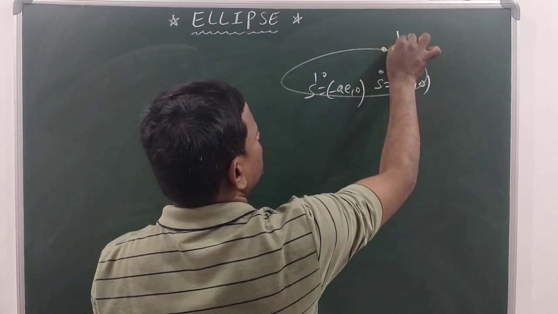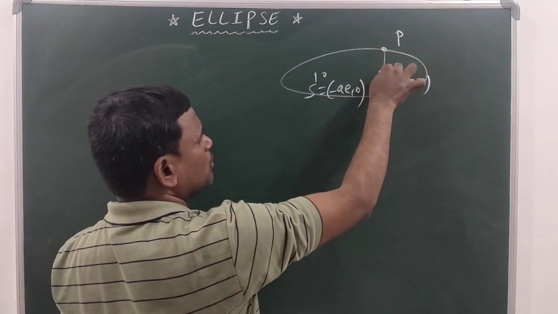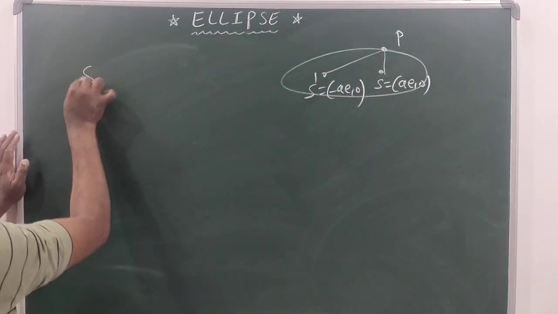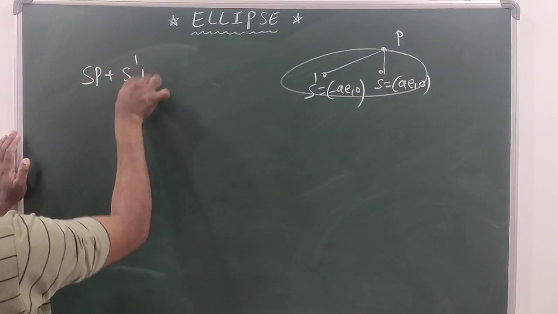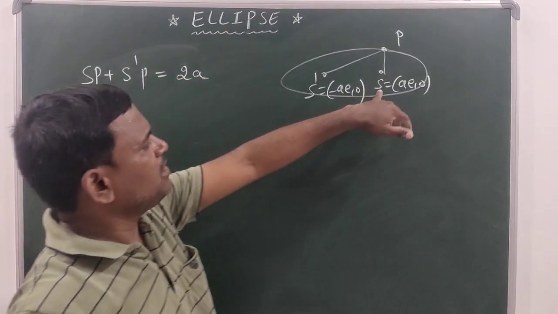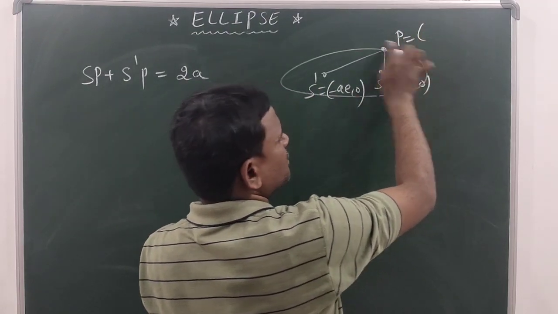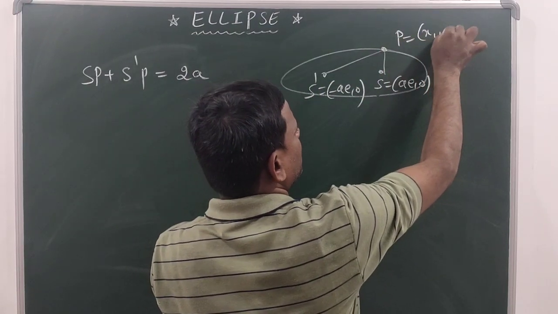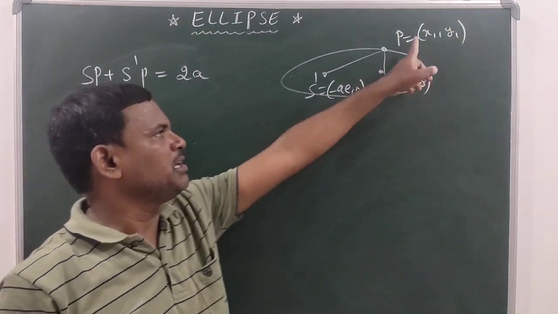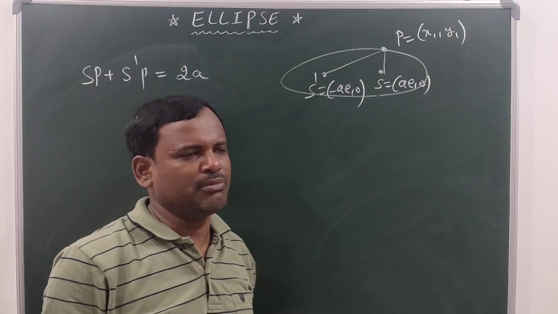Now this is the locus point. In the previous diagram you got SP plus S dash P equal to 2A. Now measure the distance from S to P. You know this ellipse, see this locus point, you can take (x1, y1). After getting the equation, replace x1, y1 by x, y. You know how you have to do the locus problems.